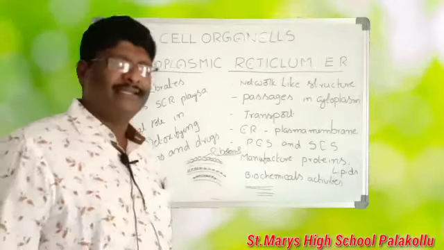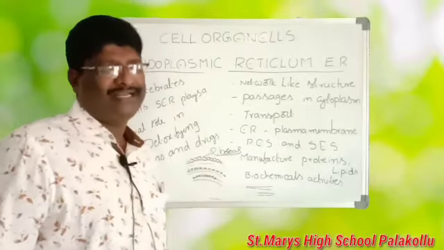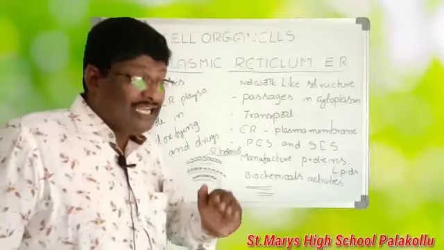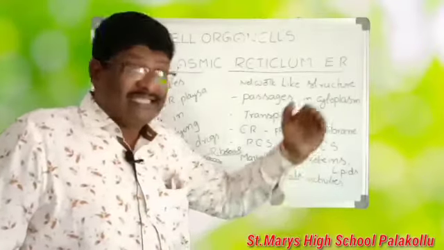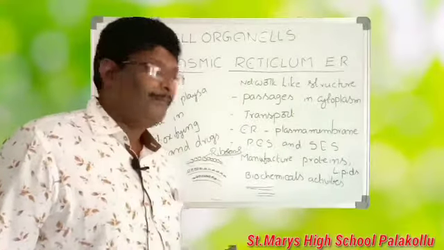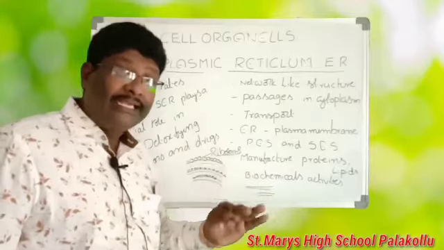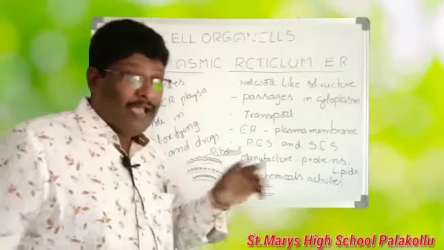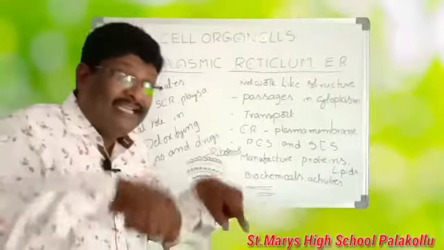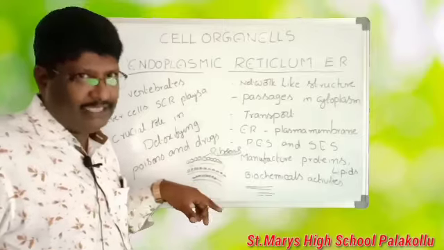So that's the reason this endoplasmic reticulum has proteins and lipids. These proteins and lipids are transported in the cell to different parts where they are needed by this endoplasmic reticulum. The proteins and lipids are manufactured and transported to various places in the cytoplasm of the cell through this endoplasmic reticulum.